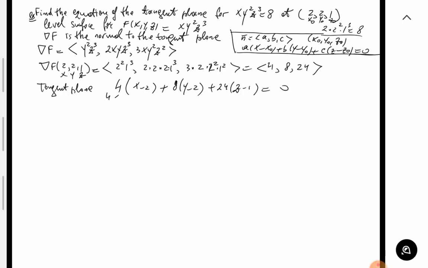And as always, it's customary to collect the constants: 4x plus 8y plus 24z, and then plus 8 plus 16 plus 24 on the right equals 48. And maybe we can just divide everything by 4, both sides, so that gives me x plus 2y plus 6z equals 12.